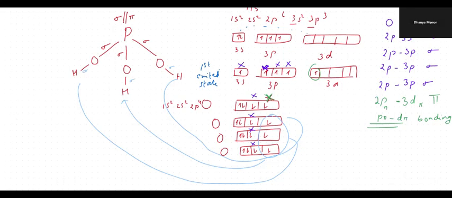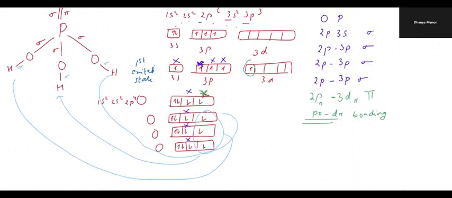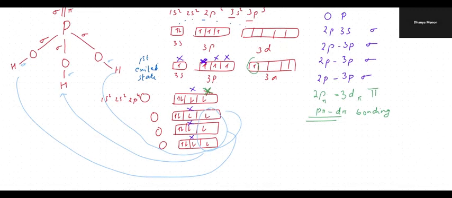But we are concerned here with the pi bond that is formed between phosphorus and oxygen. So how many are there? Only one pi bond is formed between phosphorus and oxygen. And what kind of bond is it? P pi d pi bond. What about p pi p pi bond?